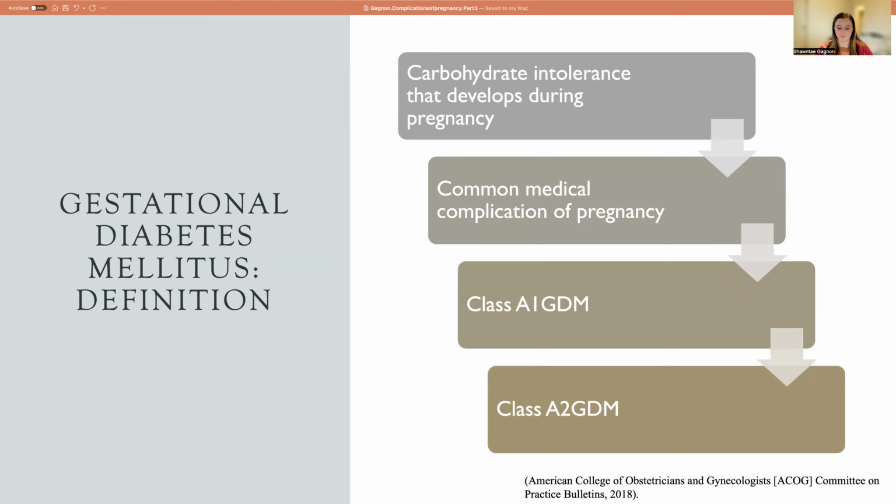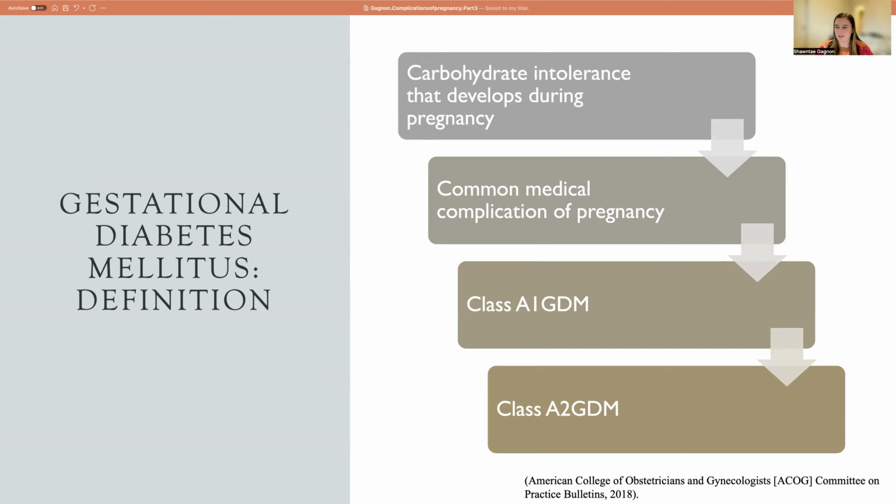prevalence of GDM. Gestational diabetes is further classified into two classes. We have class A1 GDM, which refers to diet-controlled gestational diabetes. And then we have class A2 GDM, which refers to medication-controlled gestational diabetes. So these are individuals who have attempted to control their diabetes with diet, lifestyle interventions, exercise, which is totally possible.